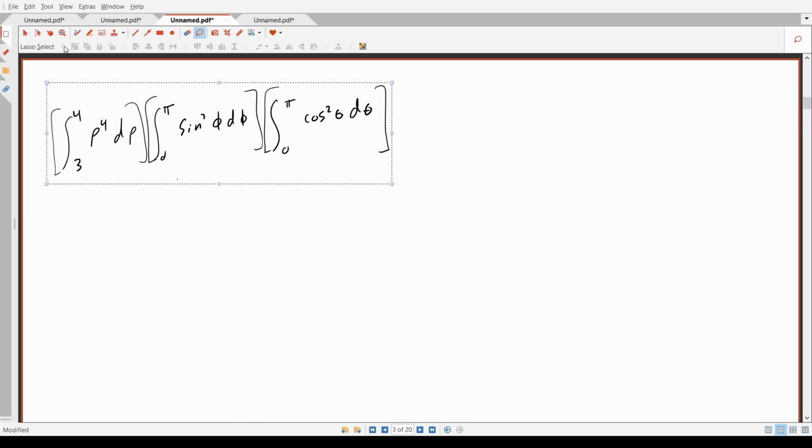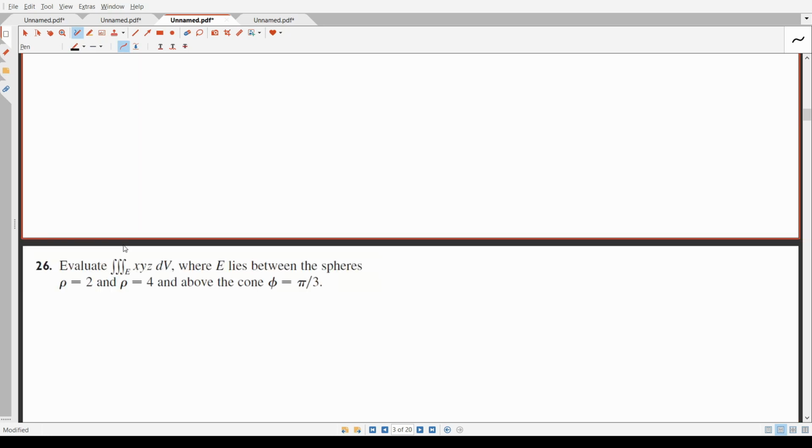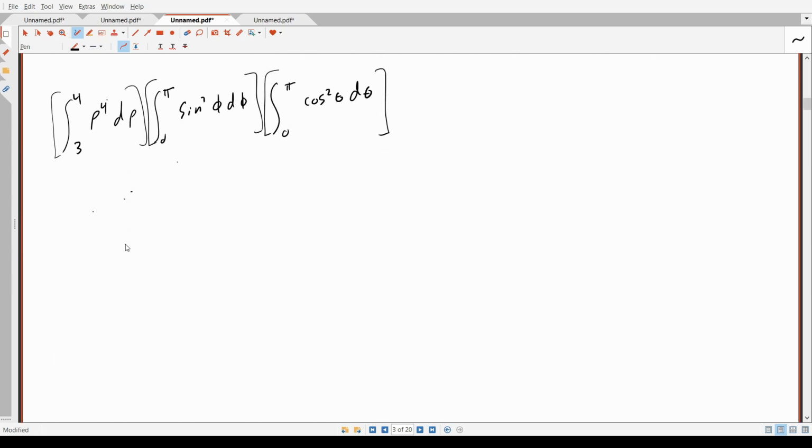Okay, so the first of these integrals, integral from 3 to 4, rho to the 4th, d rho, that's rho to the 5th over 5 from 3 to 4. That's 4 to the 5 over 5 minus 3 to the 5 over 5.